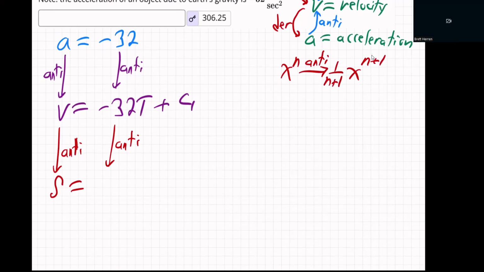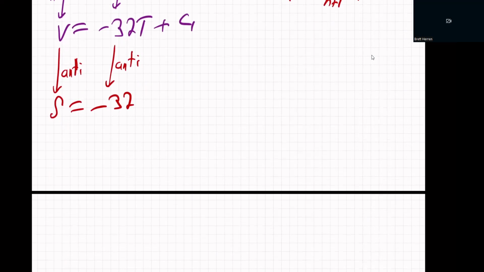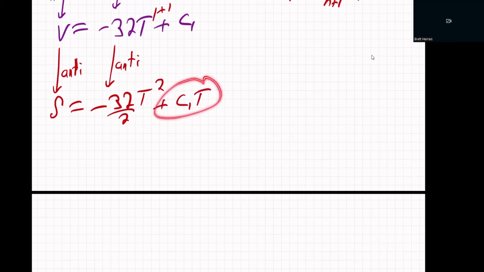So I take the minus 32t, add 1 to the power to make it t squared, and divide by 2, plus C1t. The derivative of C1t goes right back to C1, so C1t is the antiderivative. Finally, plus constant 2.